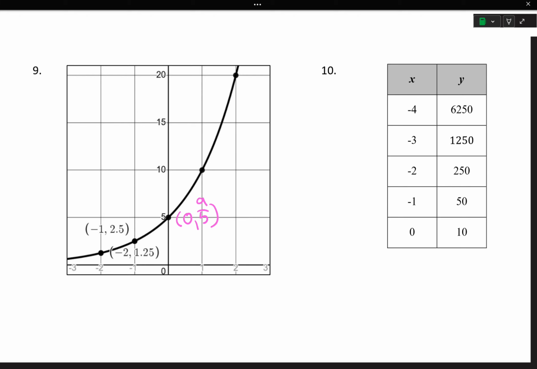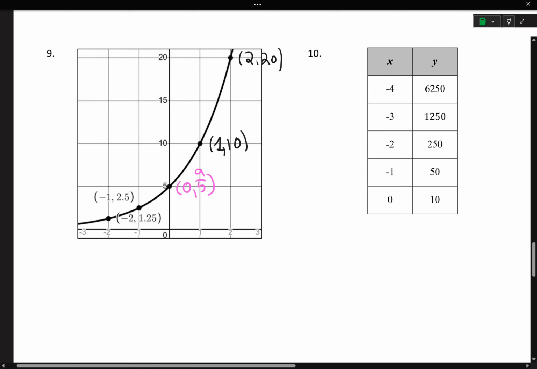And here are some normal points. 1, 10. Let's use that one, okay? Perfect. You could also use 220 if you wanted to. Actually, yeah, let's do that. Let's use those 2 other points, and let's leave that y-intercept alone.